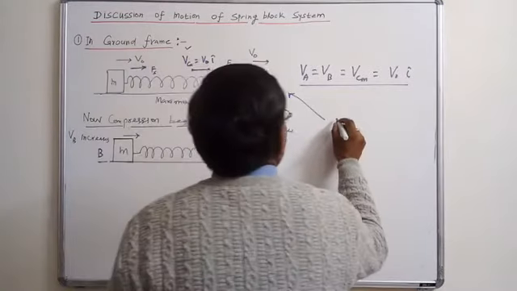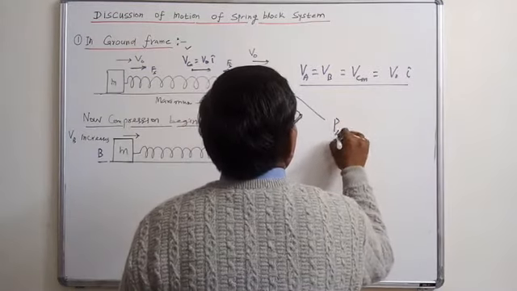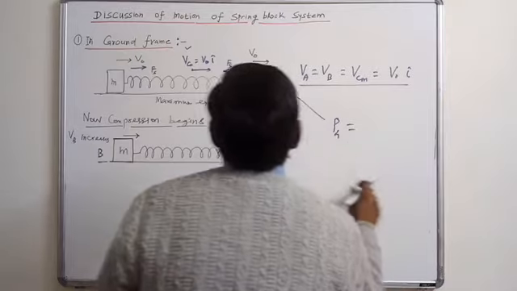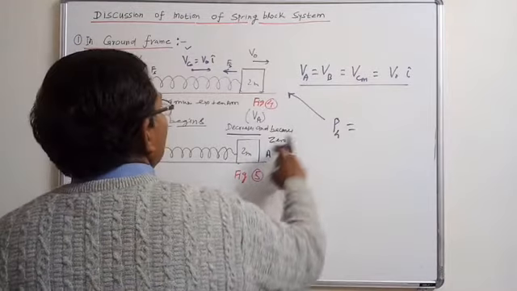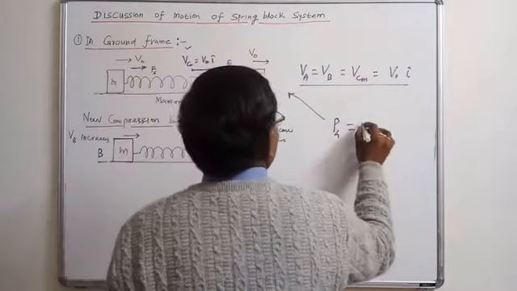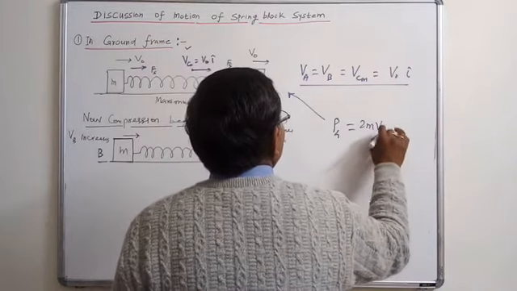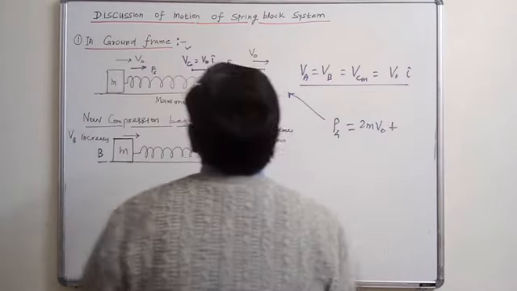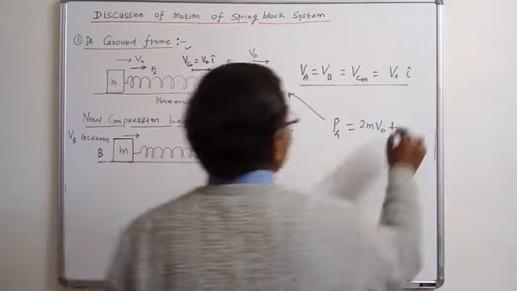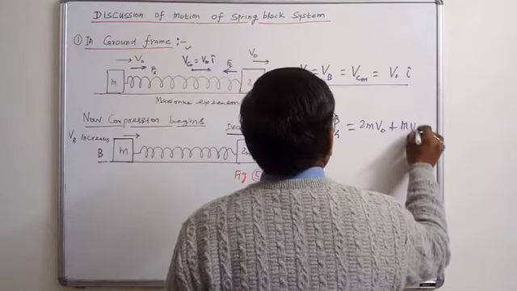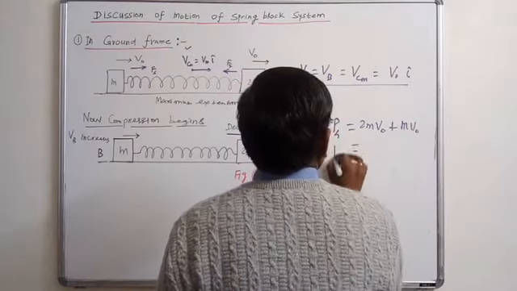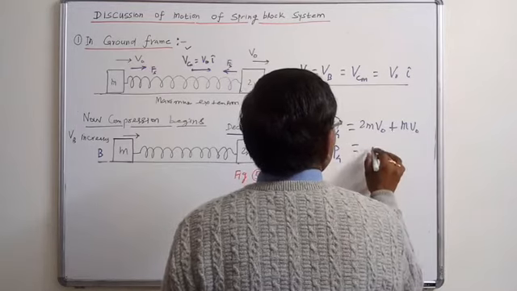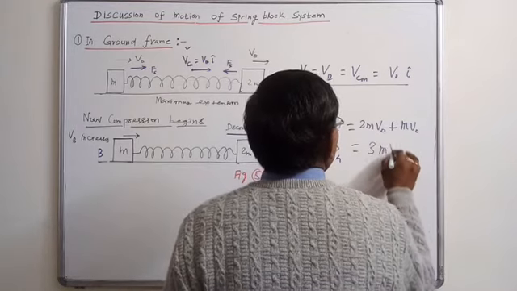Therefore the initial momentum in this case we can calculate; it will be the same as that of figure 1. I tell it P4, therefore it would be 2m v naught plus both the velocities in the same direction. Here I can write m v naught, all together it becomes 3m v naught.